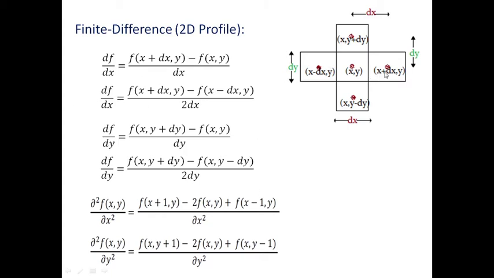So that is f of x plus dx comma y minus f of x minus dx comma y, divided by twice the difference, because from here to here the difference is dx, and from here to here also the difference is dx. So I can write the first order derivative either using this expression, or I can still use this as a representation. The same thing I can apply for the y-axis.